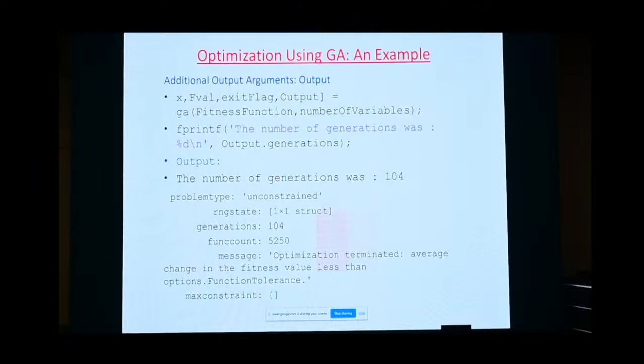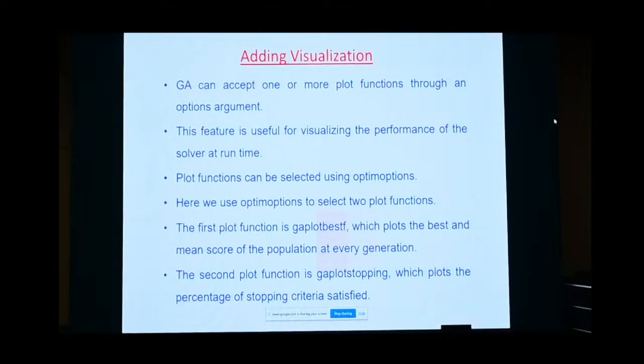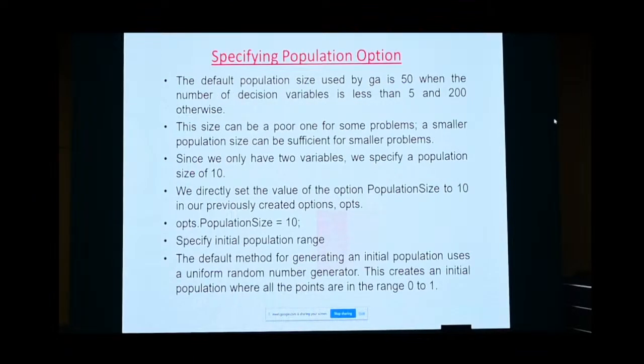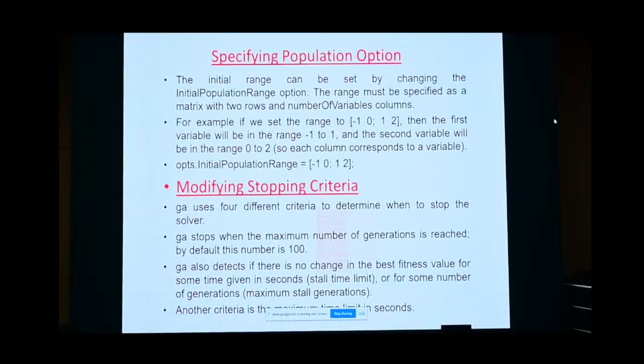Next, additional output arguments like output, exit flag. These things we will skip. When you have understood the basic concept of GA, then we will take some problem and see how to utilize the GA to solve those problems. Skip. Next. This is some visualization you can add. Next. Skip this one.